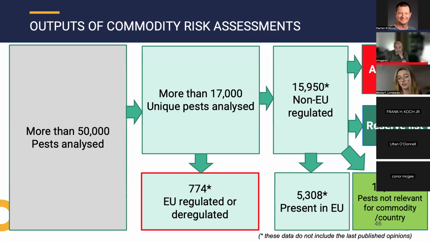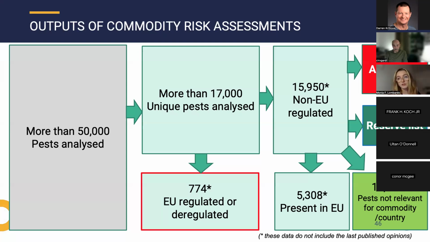A major reduction occurs at this stage, as a large proportion of pests are excluded because they are either already present in the EU or not relevant for the specific commodity-country combination, as I was explaining in some slides before. And only a small fraction of the initial pool progresses to the final stage.